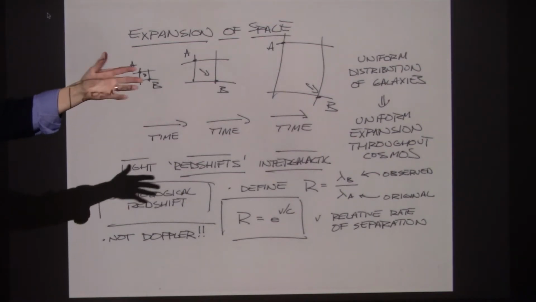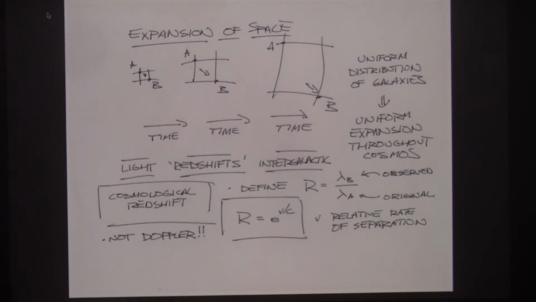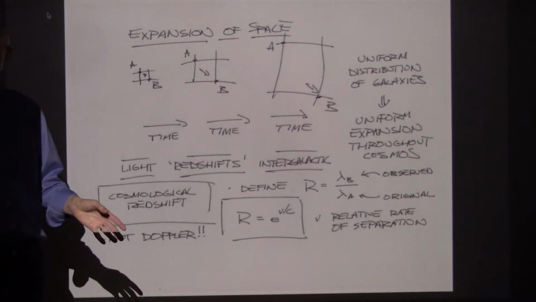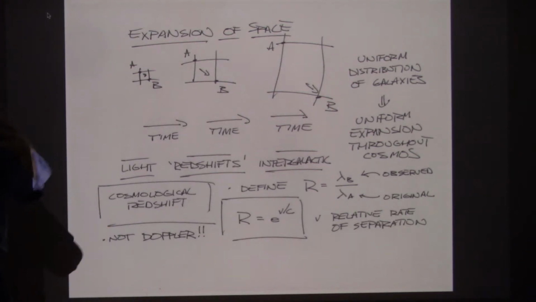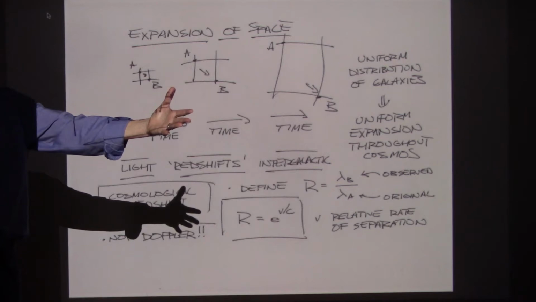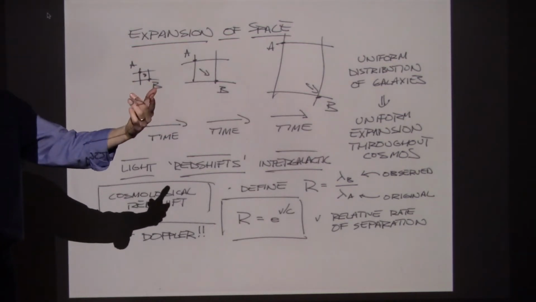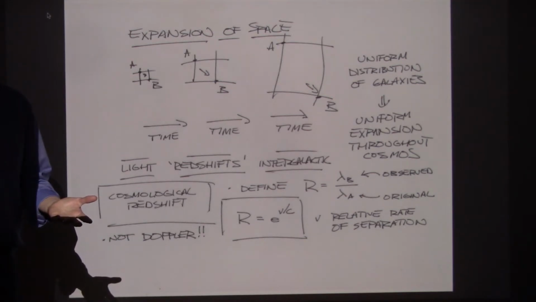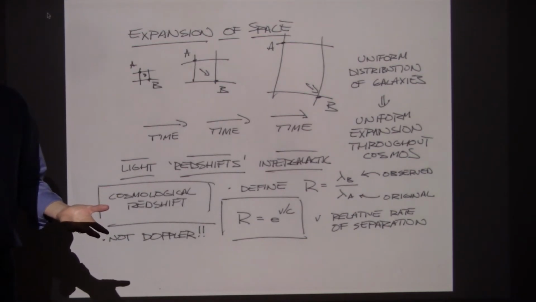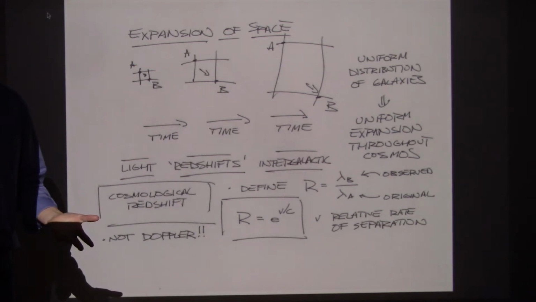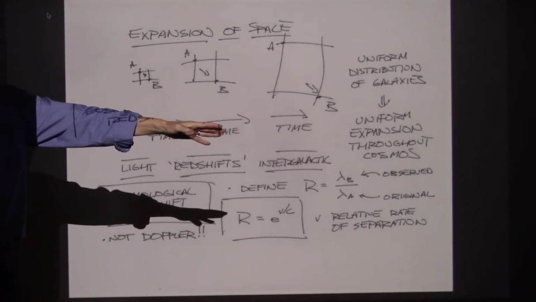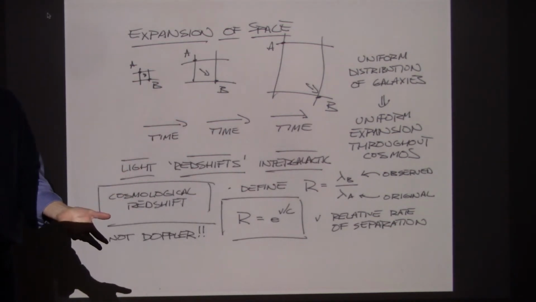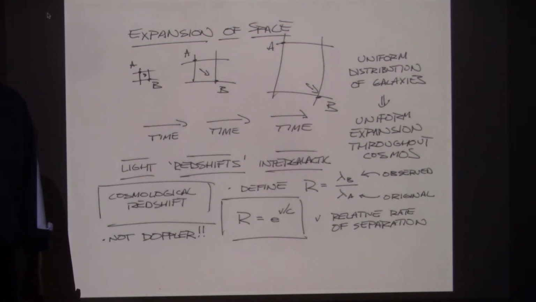So if I look at galaxies that are 20 million light years away, there's a certain rate of separation between us and those galaxies. If you look at something that's 40 million light years away, or 80 million, or 100 million, or 1 billion light years away, as you look deeper and deeper into space, this redshift becomes more and more pronounced.